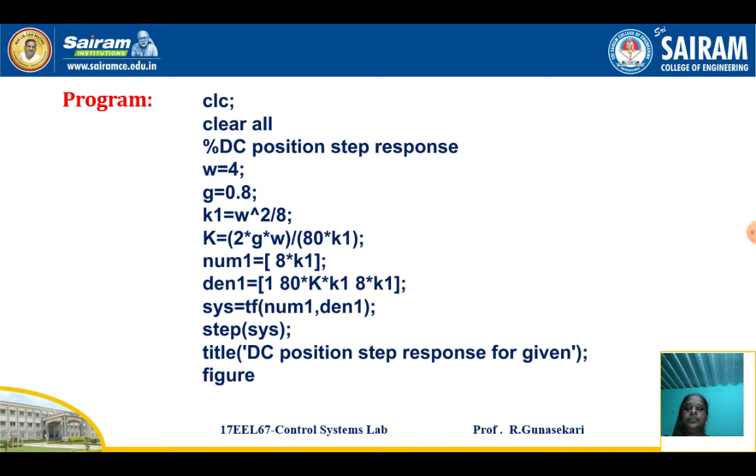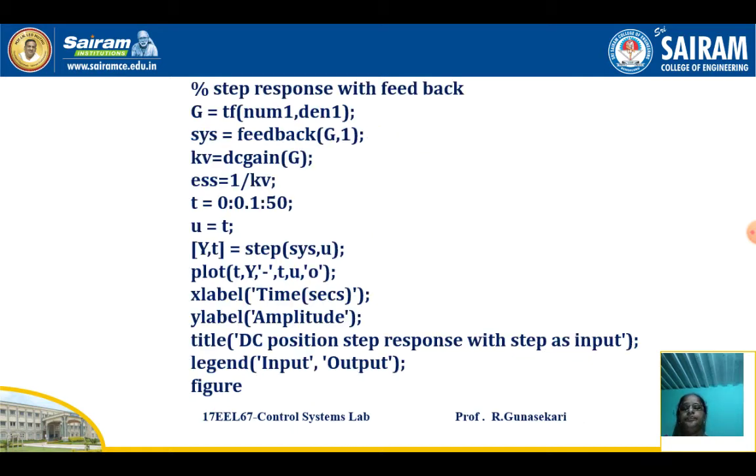Then the transfer function with numerator and denominator, then the step system. Then the title means the output is shown with this title, DC position step response for the given system. Then the figure command for the output display on the editor window.